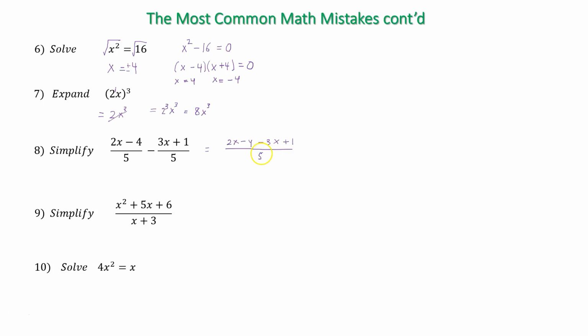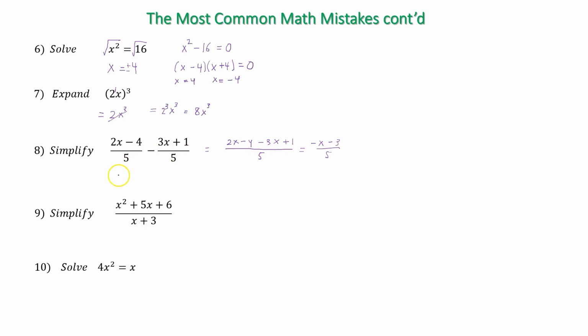So once they simplify, they end up with negative x minus 3 over 5. But that's not correct.